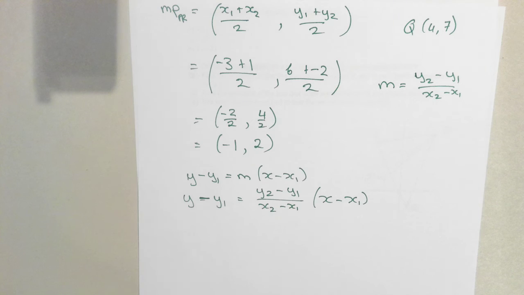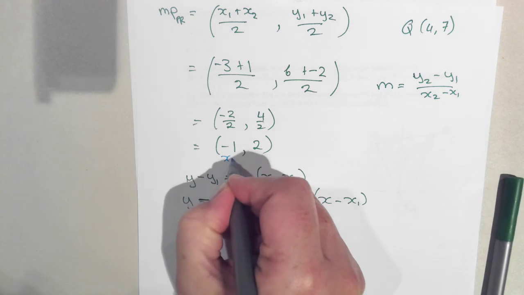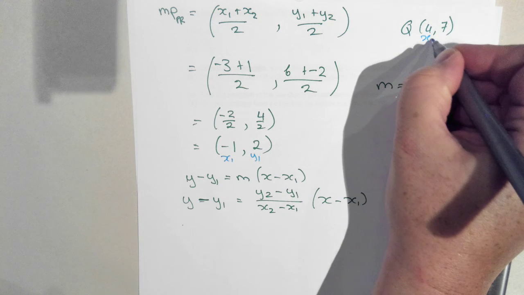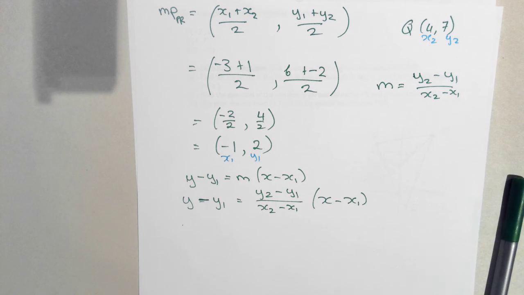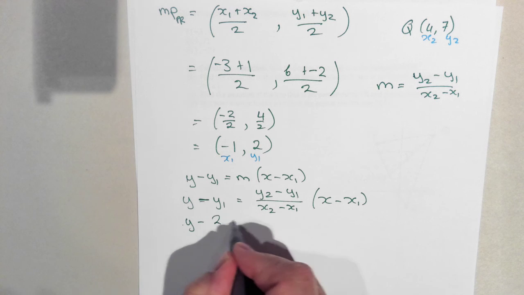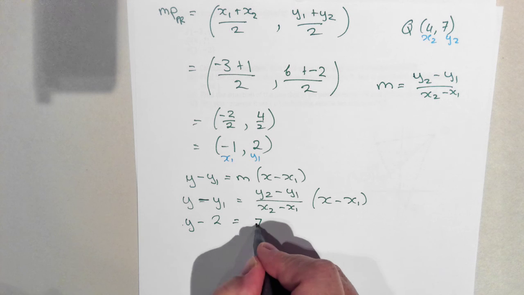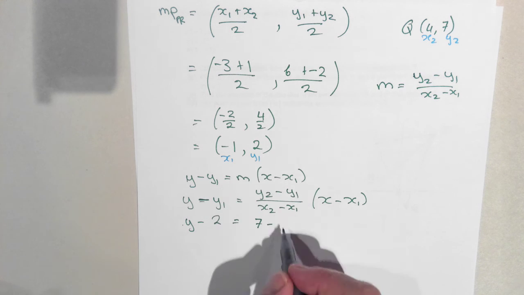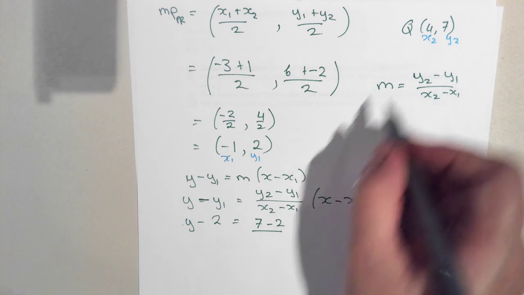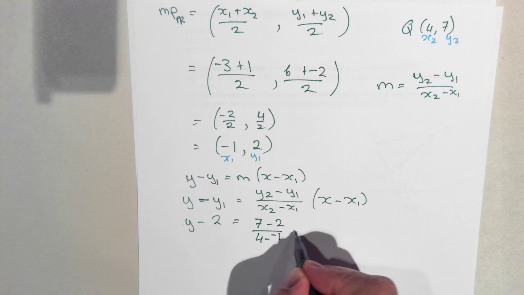So let's think which is y1 and x1. So this is our x1, y1. This is x2, y2. So y take away y1, which is the value of 2, equals now y2 is our value over there of 7. Take away y1, which is 2, over x2, which is 4, take away x1, which is negative 1.